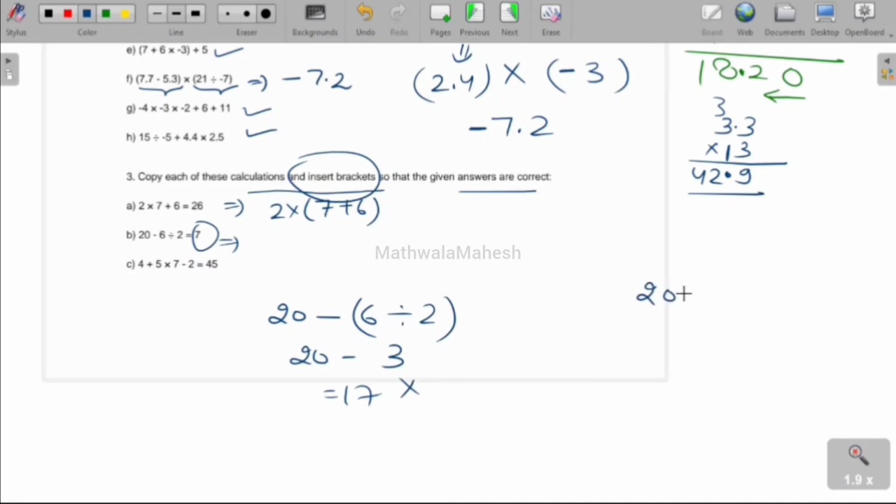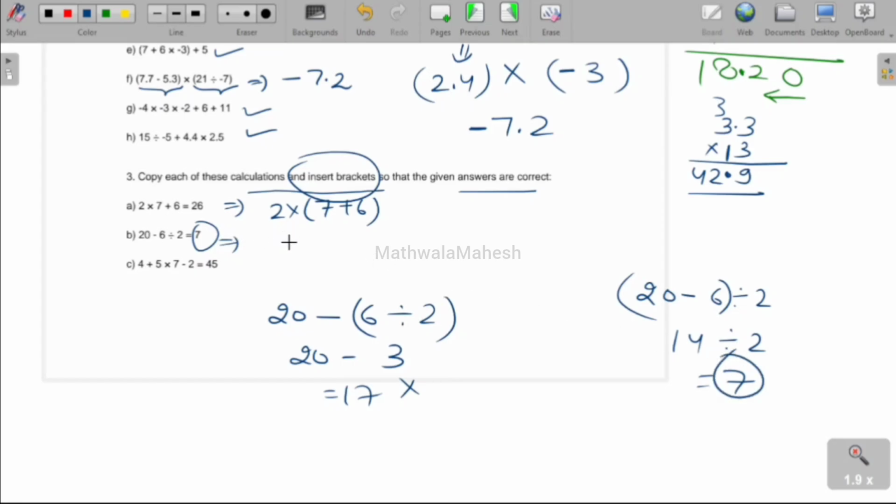Now put the bracket on 20 minus 6, divided by 2. Now 20 minus 6 is 14 and divided by 2 which is 7. So the answer is correct, 7.